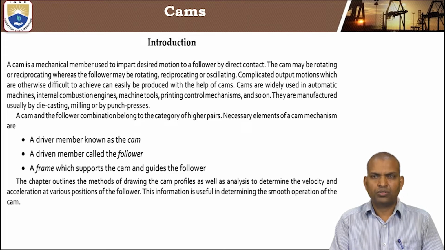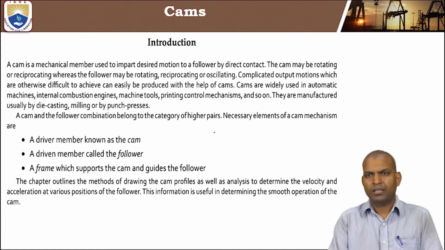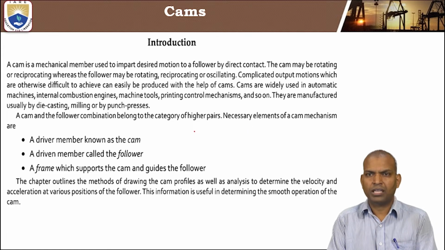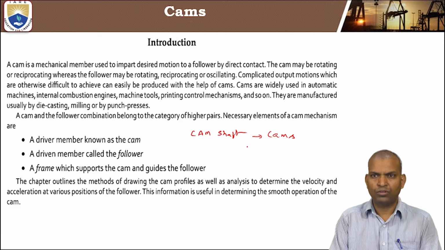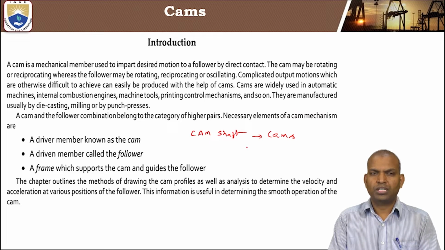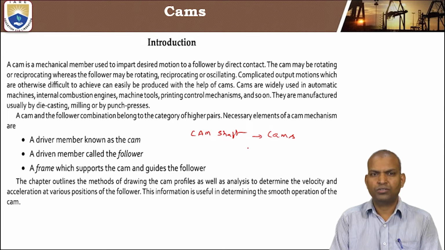In a 4-stroke IC engine, there is a shaft called the camshaft. On the camshaft there will be cams. These cams are in contact with the rocker arm mechanism, followers are connected to the rocker arm mechanism, and the rocker arm mechanism is connected to valves. Those valves open and close to transfer the air fuel mixture into the cylinder.